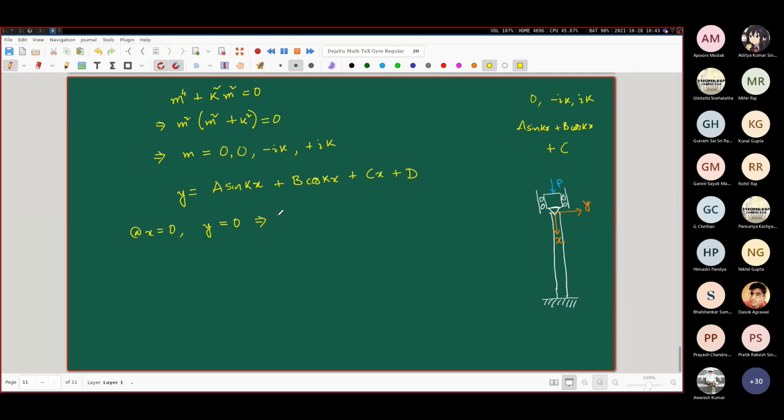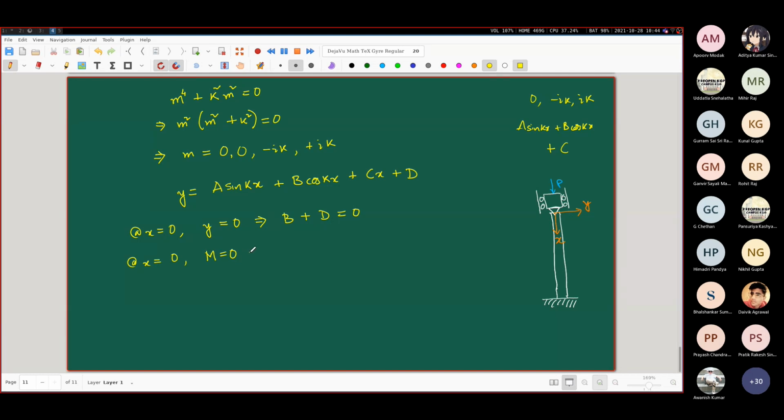If you just substitute here, that is b plus d equal to 0. At x equal to 0, we have what? Moment is equal to 0. So m is equal to 0.